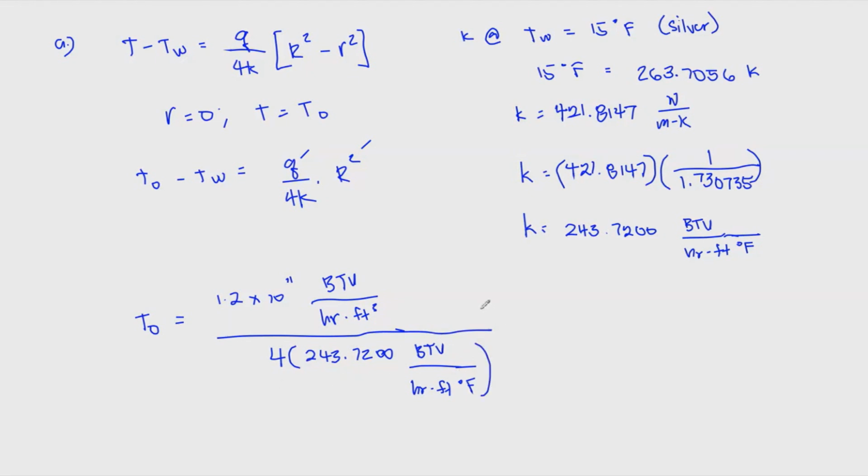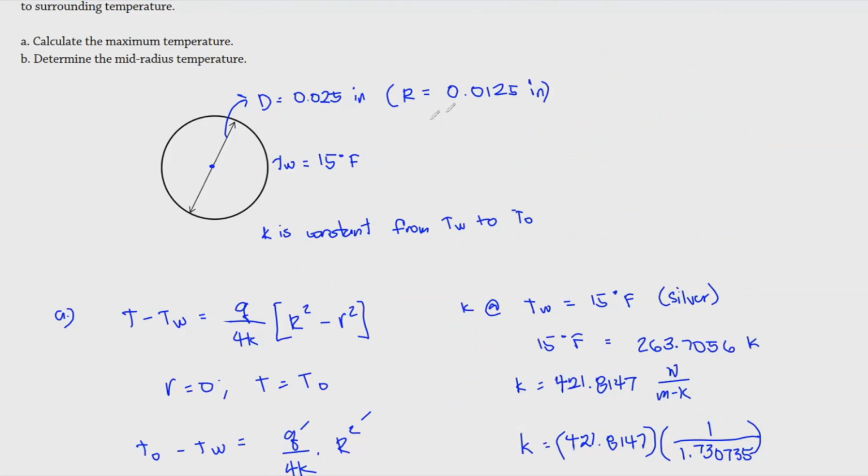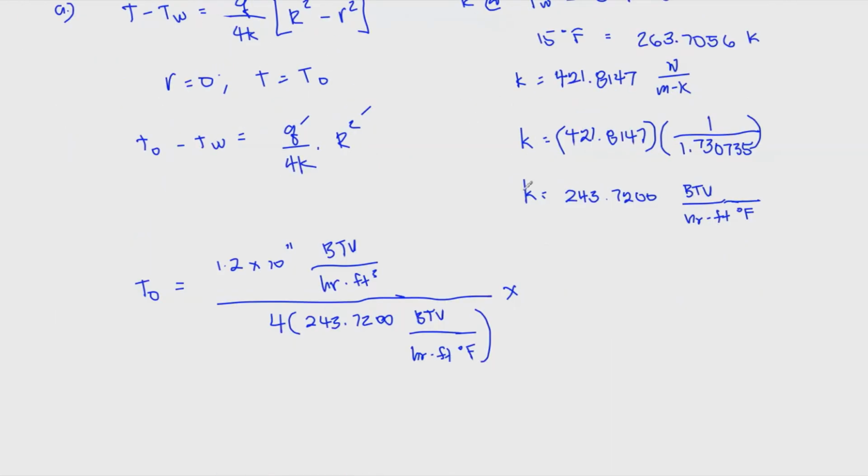And then we multiply this by r squared, and from the r here we have 0.0125 inches.